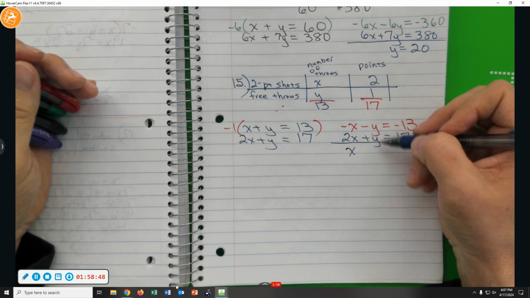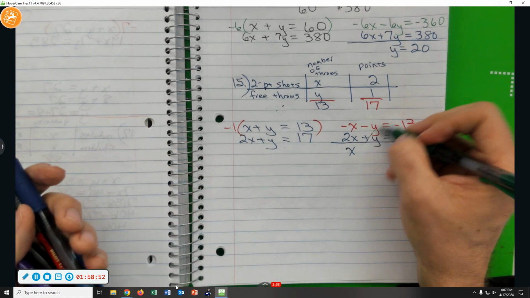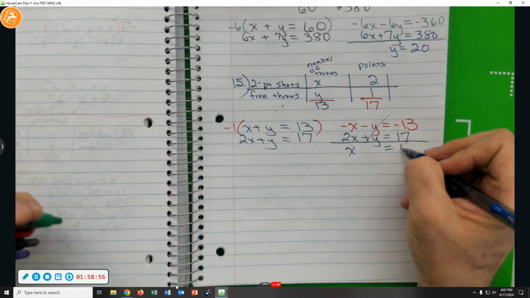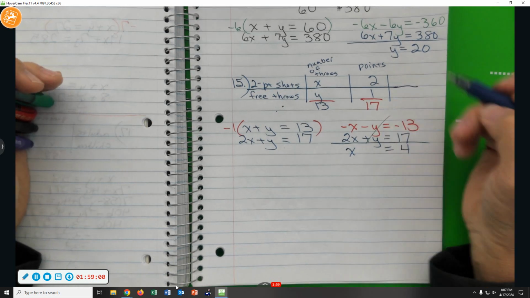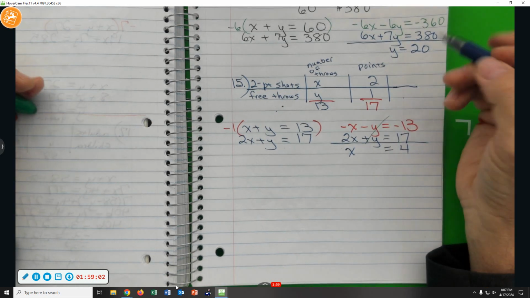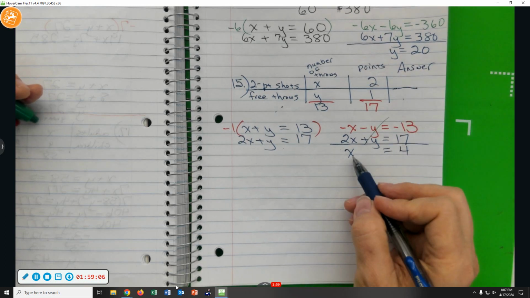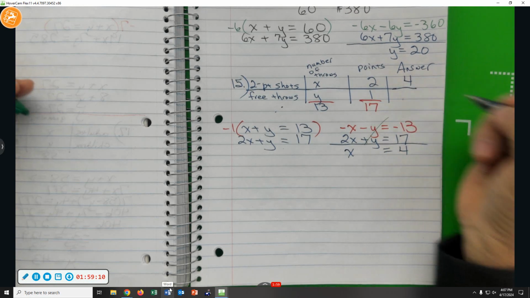The -1y plus y is eliminated. And -13 plus 17 is 4. Where am I going to write 4? Here's my answer column. It's the X that you found, so it goes on the X row, 4.